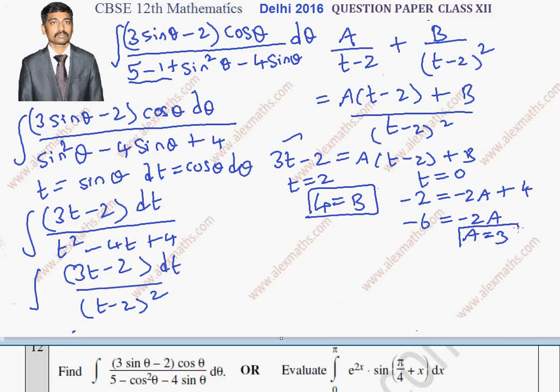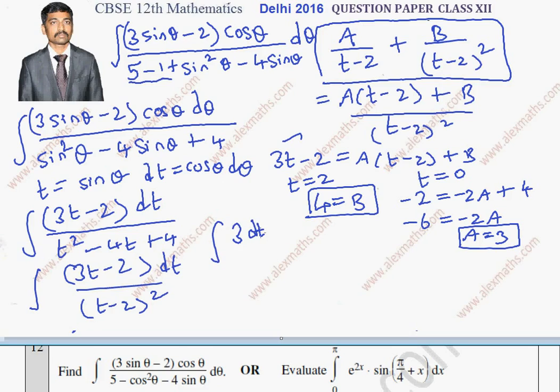After finding a and b value, straight away substitute in this expression and integrate. So a value is integral 3 dt by t minus 2 plus integral 4 by t minus 2 whole square dt. So this is 3 log mod of t minus 2.